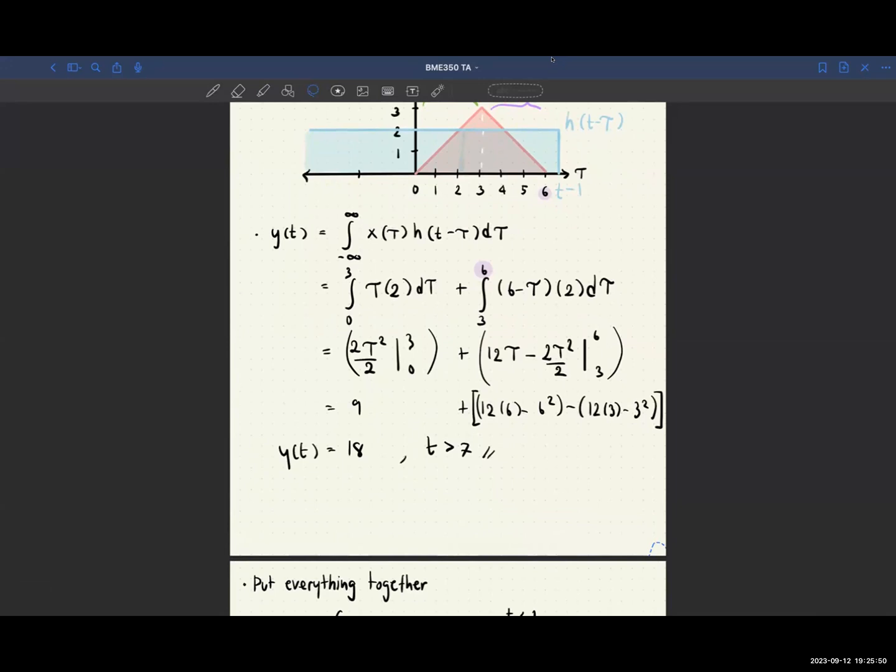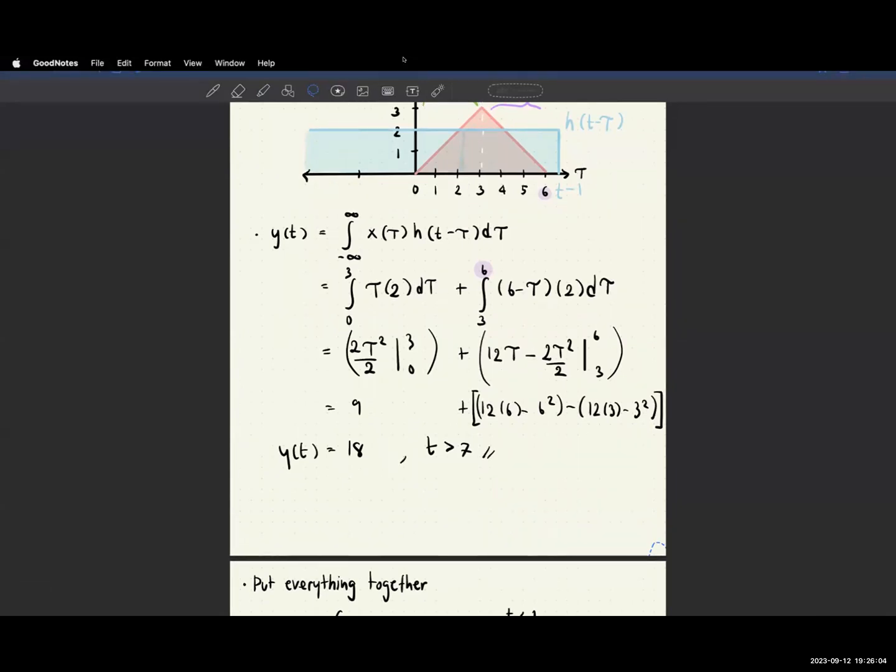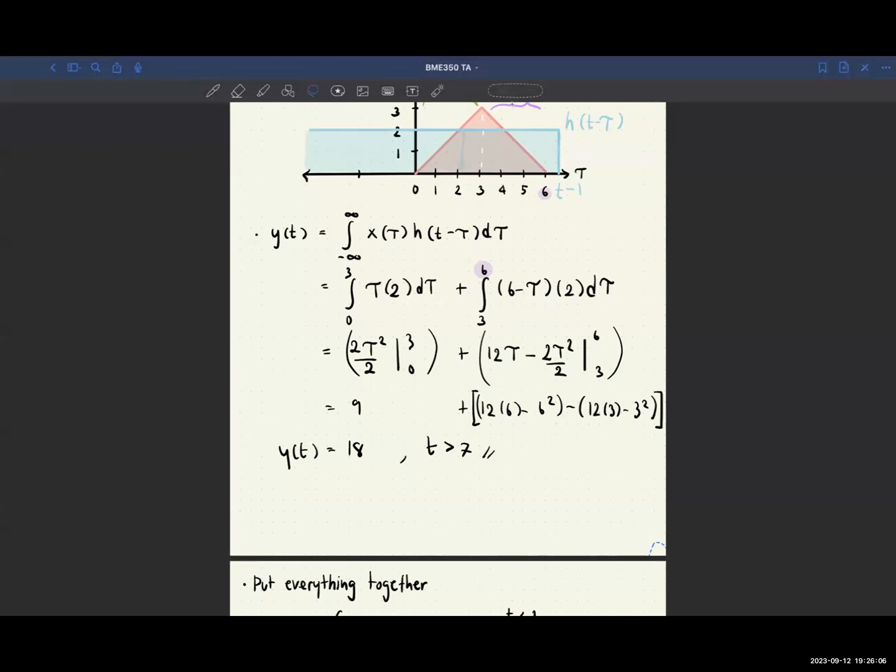It's the same as Will said: because it's only fully overlapping, no matter how far we move it, it's going to be the same overlapping area of convolution. That's why it remains the same number.